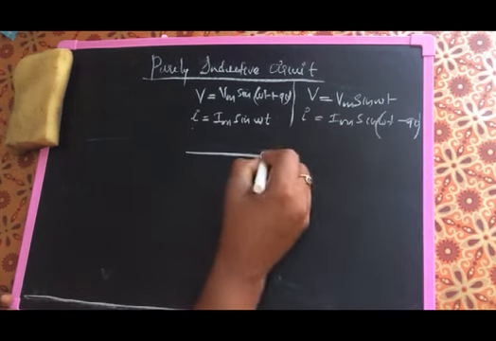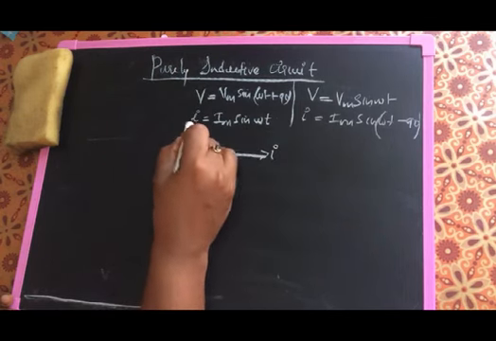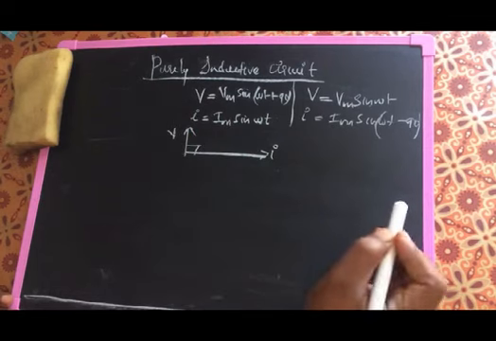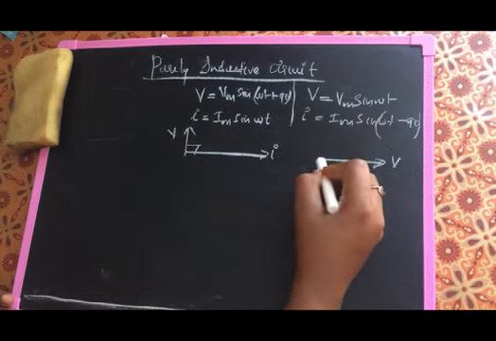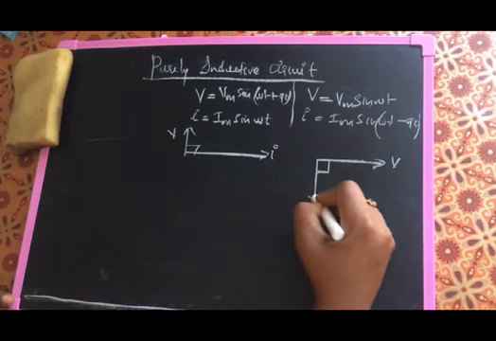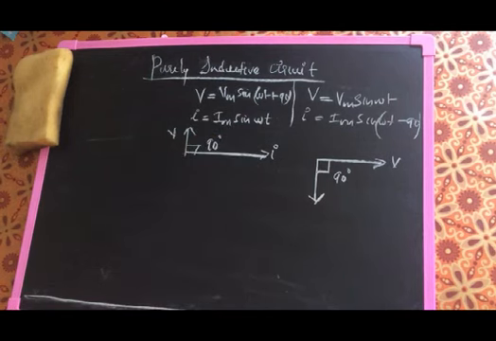By seeing this, you can draw the phasor: the current is the reference I and the voltage leads by an angle of 90 degree. If you are taking voltage as reference, the current lags by an angle of 90 degree. Both are the same.